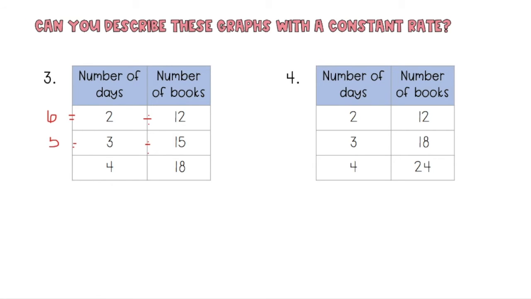And 18 divided by 4, we can't do 18 divided by 4. So this one we're going to leave by itself. I can tell that I'm not getting the same number when I divide. I do not see that pattern. So for this graph, we are going to say no. This graph cannot be described by a constant rate.